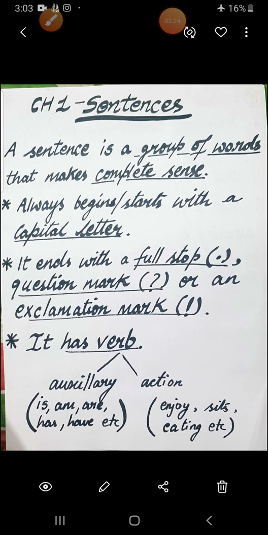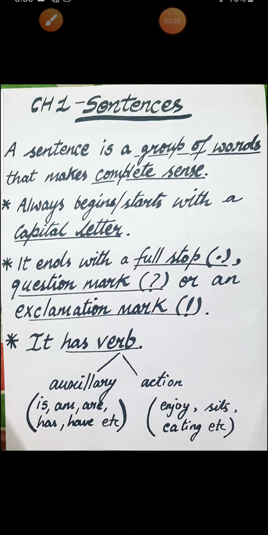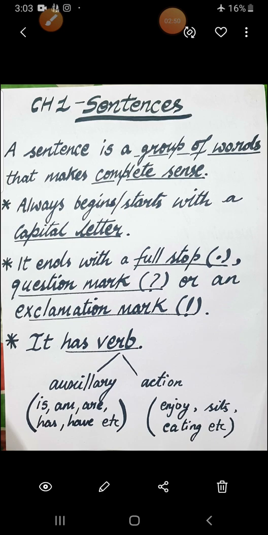Auxiliary means, as you can see in the examples, is, am, are, has, have, had, was, were. These are your examples of auxiliary verbs. And what all can come in action? Enjoy, sits, eating, etc. All these are your actions.